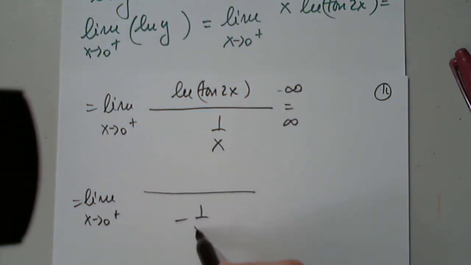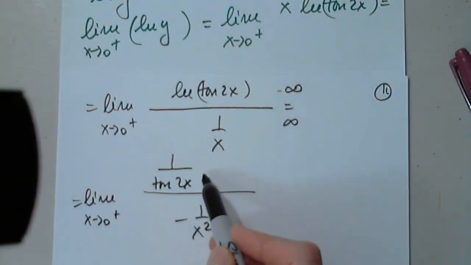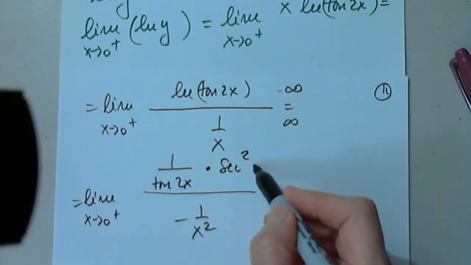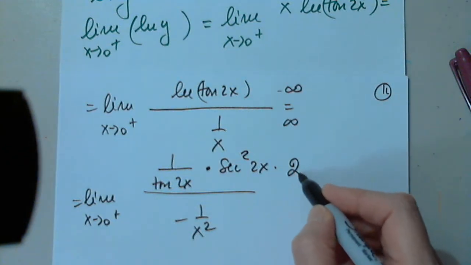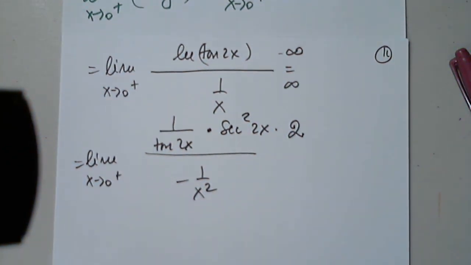Okay, this one is nice. This one is 1 over tangent to x times the inner function prime times the further inner function prime. Okay.